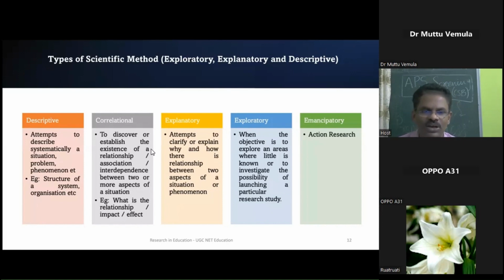It is to discover or establish the existence of a relationship or association or interdependence between two or more aspects of a situation. For example, what is the relationship between achievement in maths and physical science? Is there any significant correlation between students' achievement in mathematics and biological sciences?